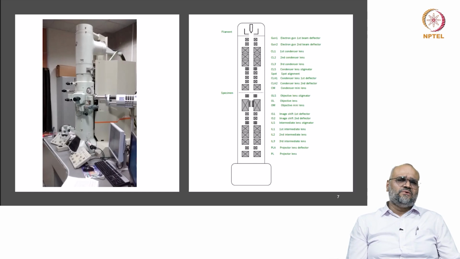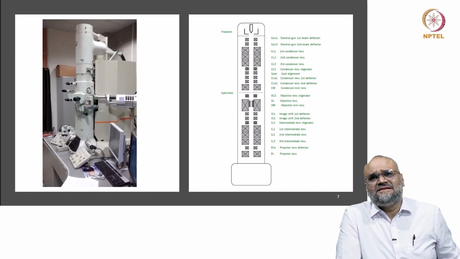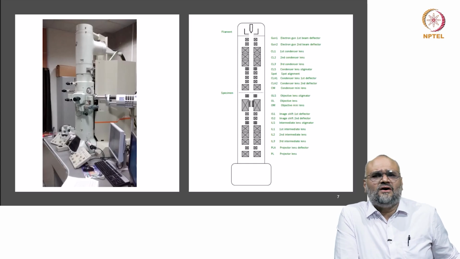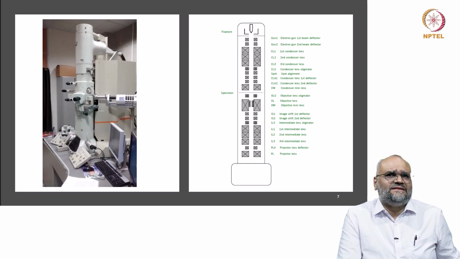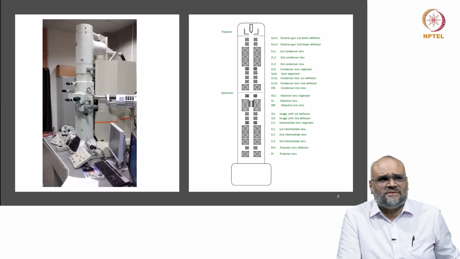Typically these are dipoles, or in some cases you have quadrupoles. By using various configurations within the microscope, you can actually illuminate the specimen in either parallel mode or by forming a probe, and with this there are various techniques with which you get a lot of information from a specimen.